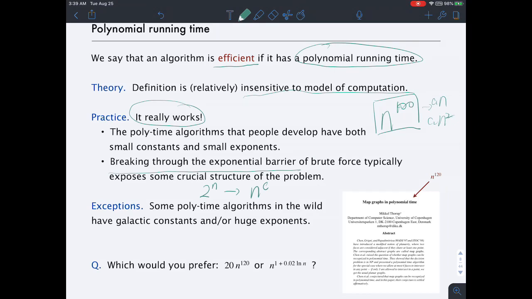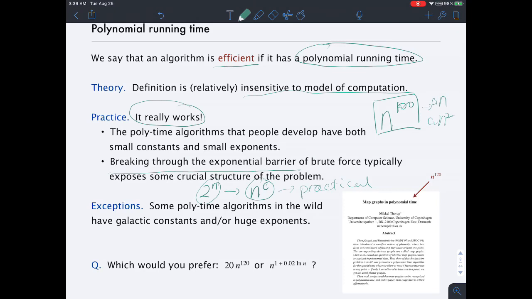And with these key structure observations, usually we can quickly reduce this kind of theoretical algorithm to a very practically relevant one, right? So in other words, usually when people start to move from exponential time to polynomial time, a new algorithm is discovered.